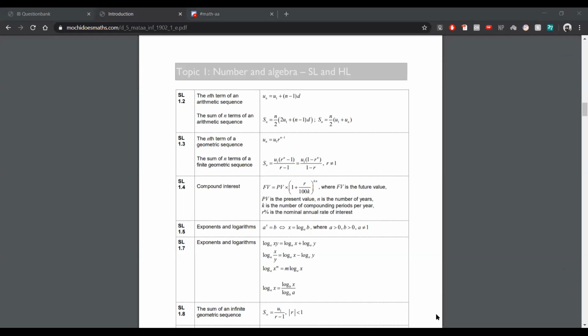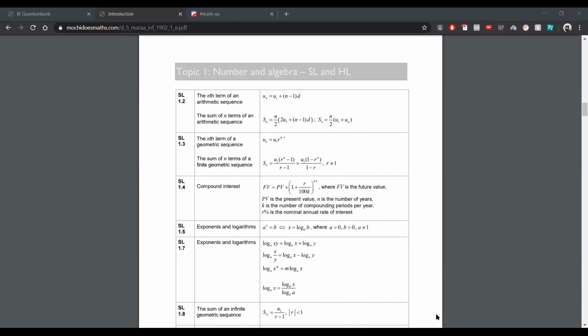Where's the chat? What happened? I'm going through how to solve it on the whiteboard. And I'm sharing my screen so you can see that. Okay. It was a question in the middle. Formula booklet.